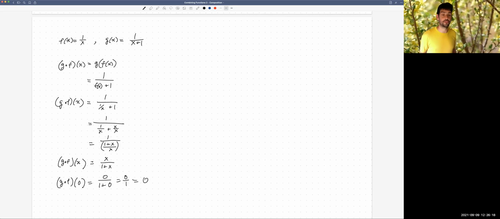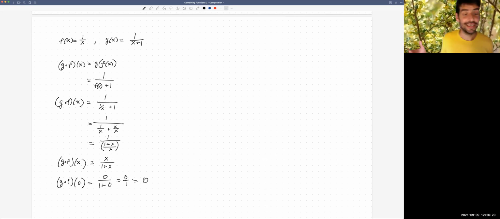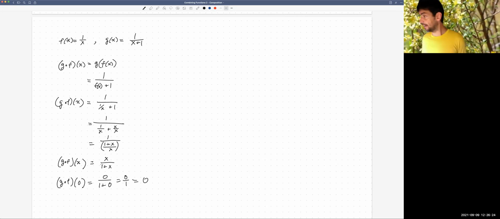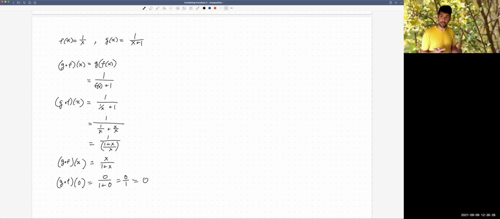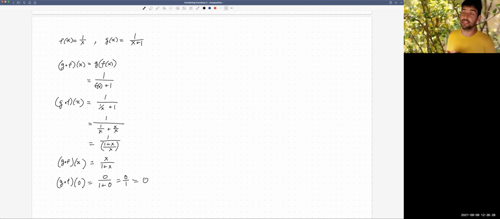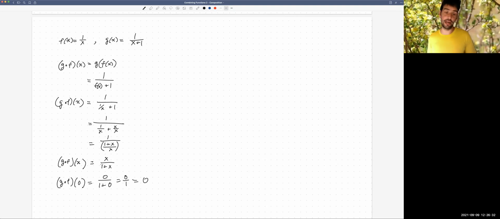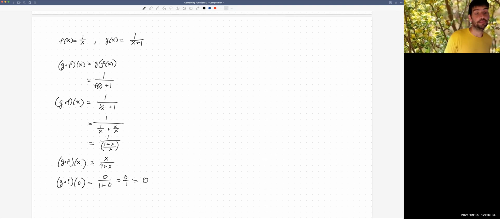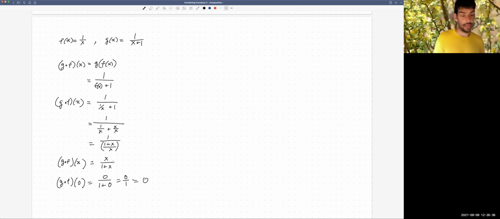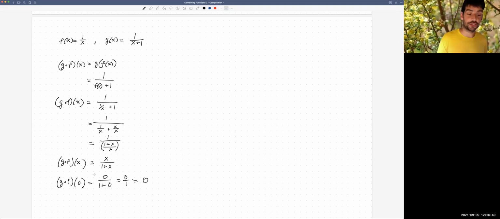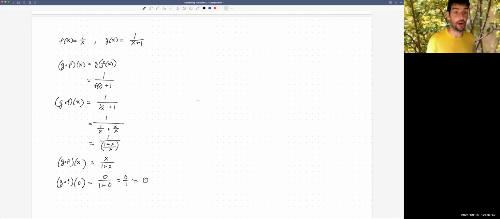And everything seems fine, but everything's not fine, right? So again, we had an example like this in the previous video about combining functions. When we have division, we can sometimes do some algebraic manipulations that hide a problem from us. And our problem here is that this function doesn't actually work at 0. Let's see why.